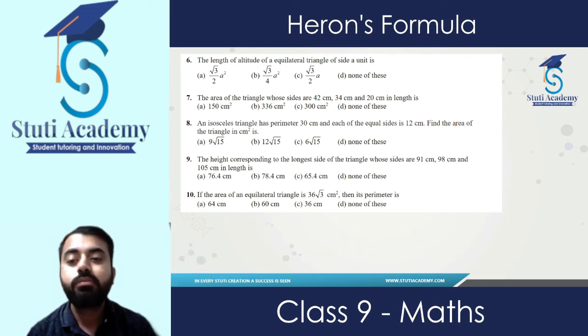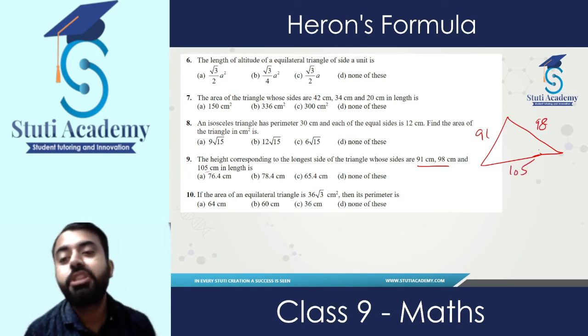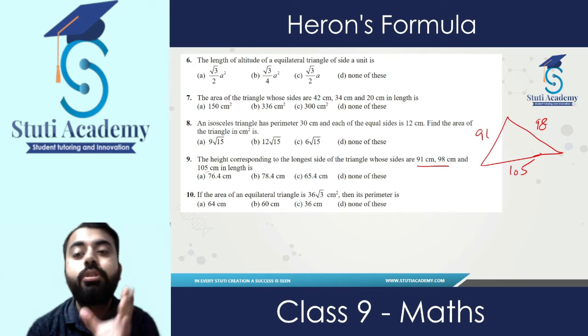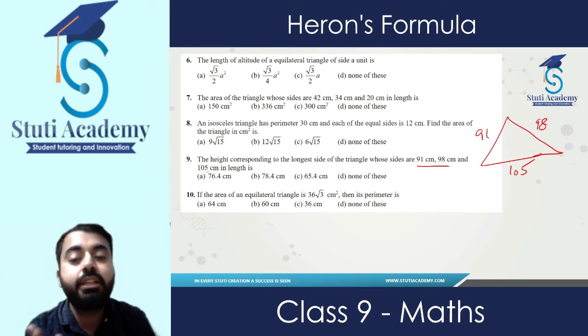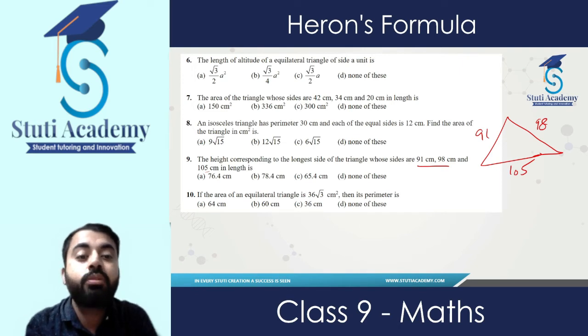I have this: the height corresponding to the longest side of a triangle. Let me just draw this. Firstly, the triangle, then I explain it to you. Sides are 91, 98, and 105. The question is asking you to tell the height corresponding to the longest side.